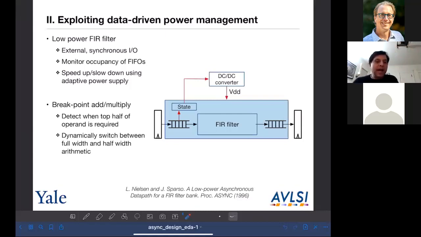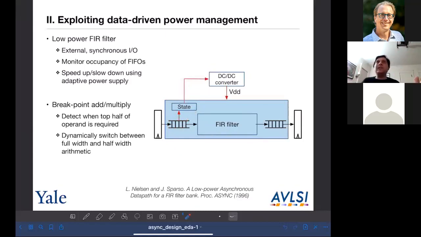And what they did was they added FIFOs on the input. Now you can look at the occupancy of this FIFO, right? And if this FIFO starts filling up, that means that the FIR filter is slowing down. So you have a module here that inspects the state of this FIFO, and this was connected to a DC-DC converter which controlled VDD for this entire domain to try to keep that FIFO at a low occupancy rate.